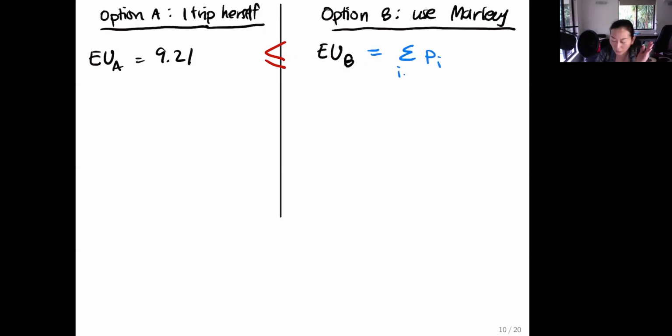We need to first find how many possible mutually exclusive events there are for option B. With option B, there is only one possible event: it doesn't matter, you end up with $100,001 in the bank. That is the only thing that could happen.